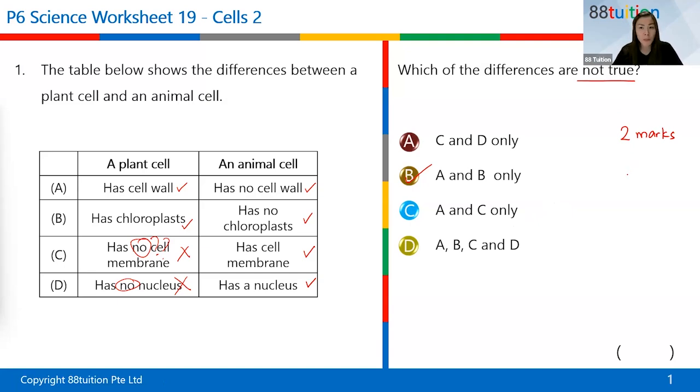Can you all promise me from now on you will read very carefully? Give me a thumbs up if you can. Because if you are not careful, you lose 2 marks. I'm saying that if you are choosing option B, that means you are not reading it as not true. Our answer should be this.